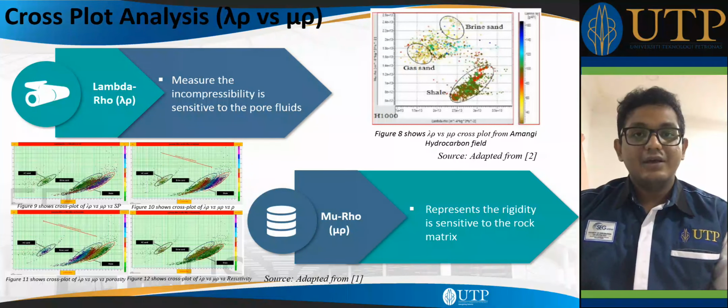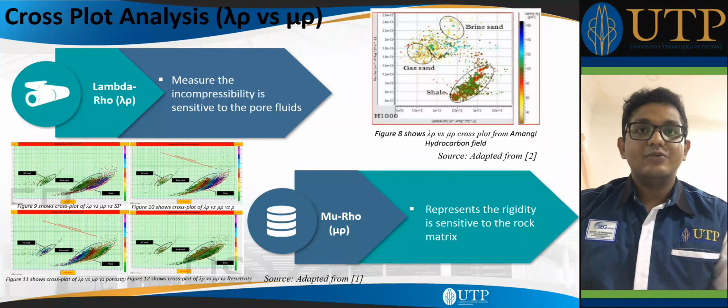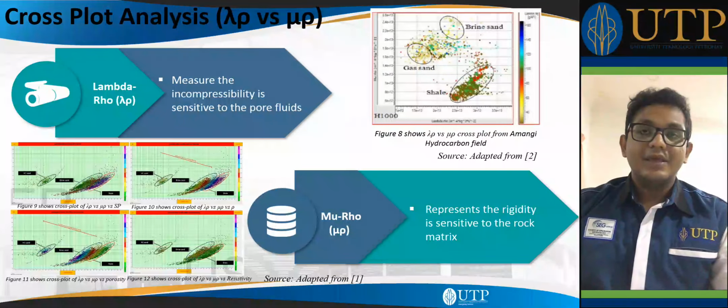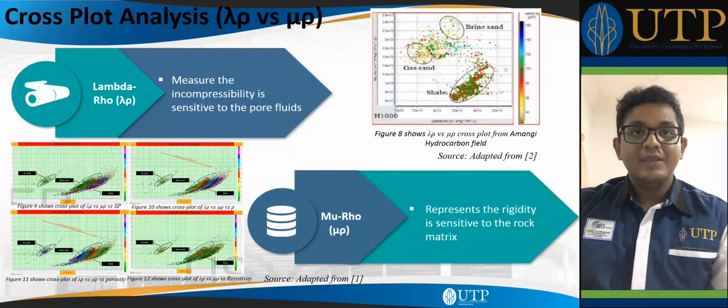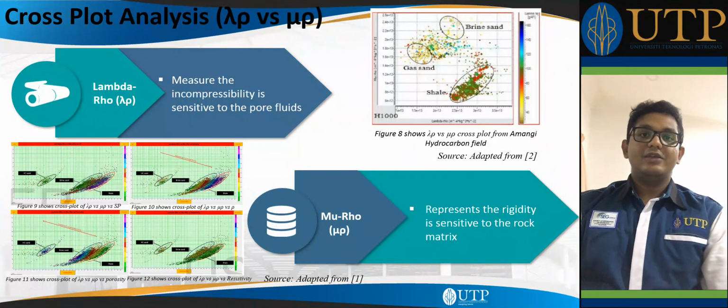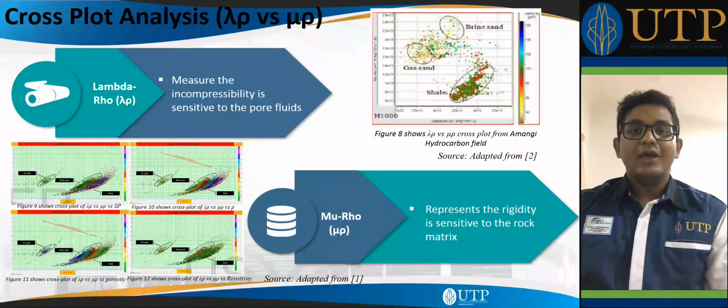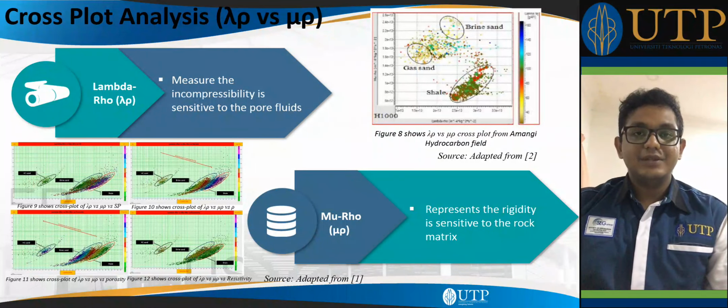Both of these attributes are highly related to density, but in reality it's impossible to extract them from the seismic without being affected by density, and therefore in order to minimize the effect of density, the cross plot is constructed by using Lambda-Rho and Mu-Rho instead of lambda and mu alone.